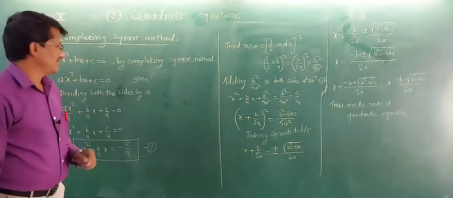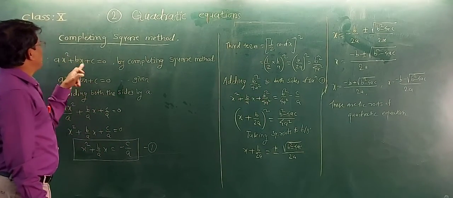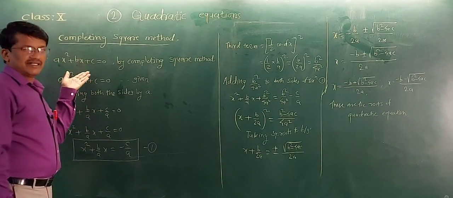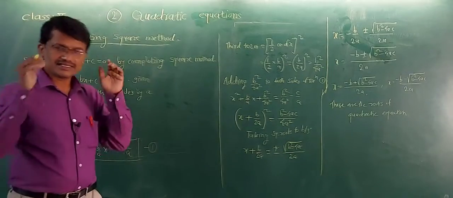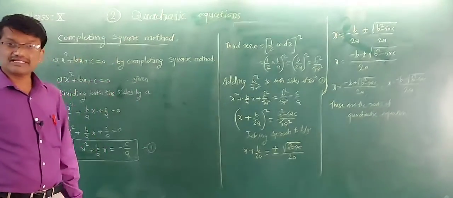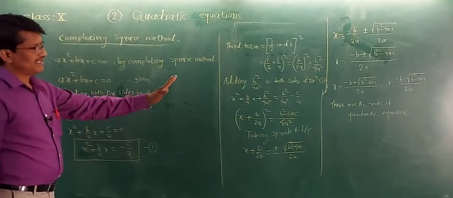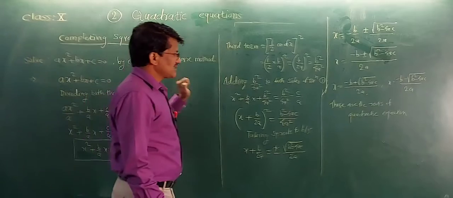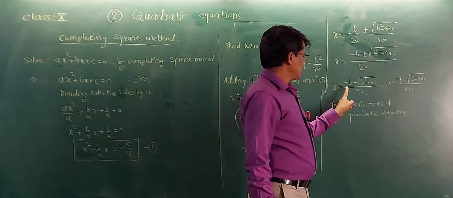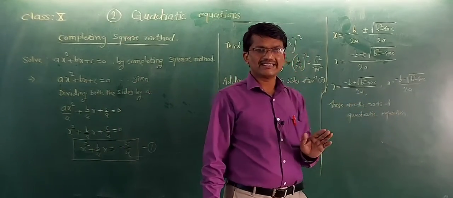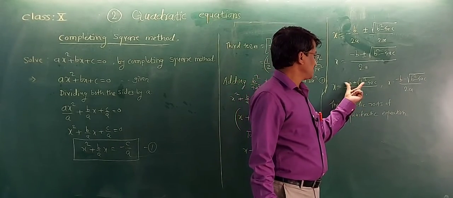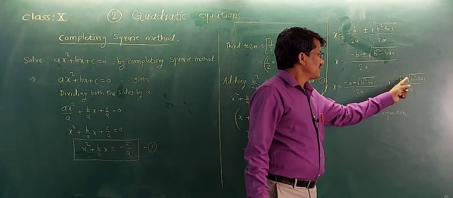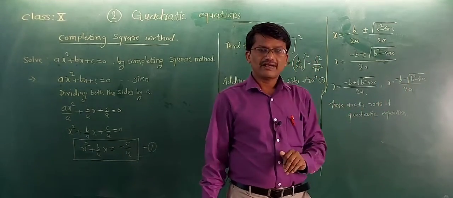In your textbook, the values of a, b and c may be different, meaning real numbers. If the numbers are given, then we can solve the example as usual by the same method, and the final answer of the quadratic equation is given by these two different formulas: x with two terms positive, and x again with two terms negative. Okay, this is our final result.